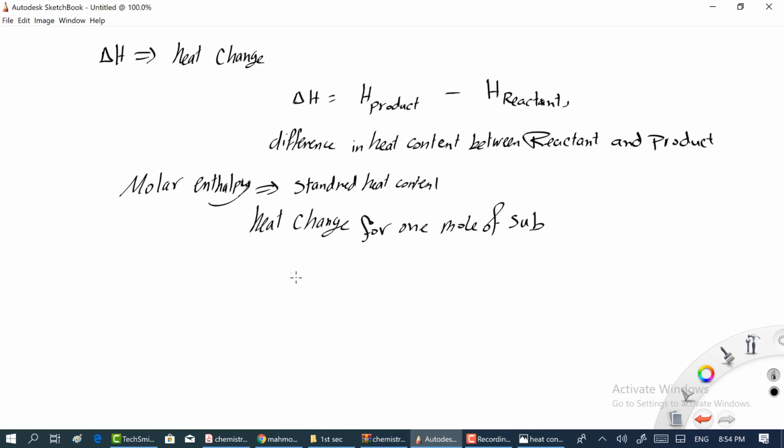In this case, delta H equals Q over n. Q represents the amount or quantity of the heat, and n represents the number of moles.